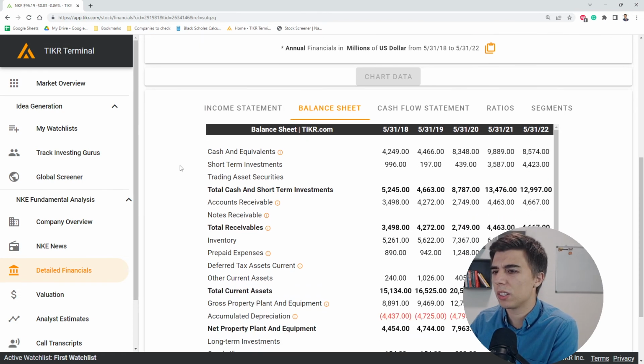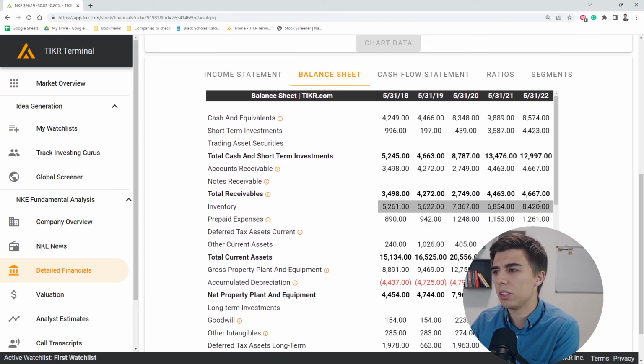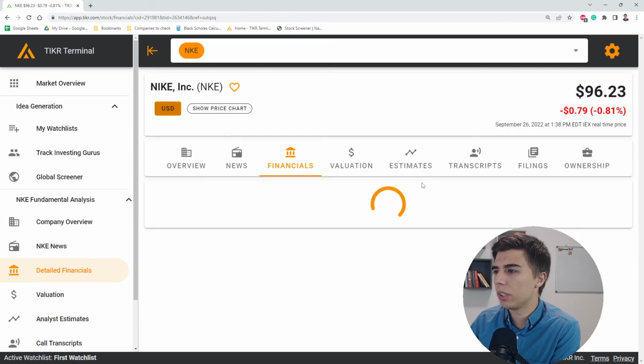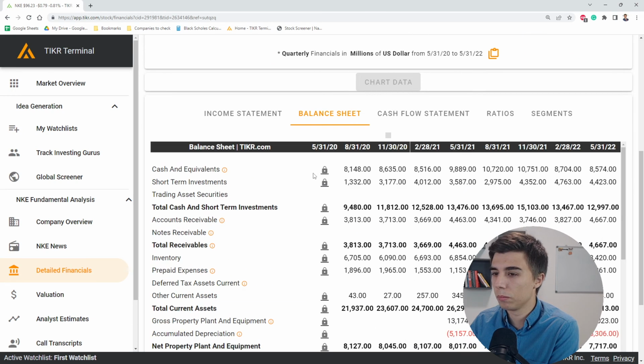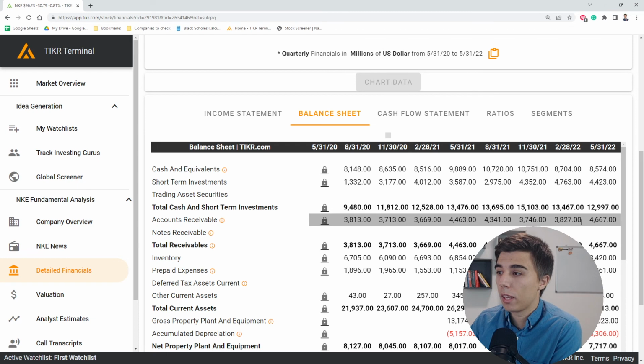Because it's strange, inventory was never this high for Nike. 8.4 billion, it's above the average for the last 5 years. Let's take a look at the quarterly for the last couple of quarters. Maybe we notice that it's actually decreasing now. 6.7. It went up significantly. So I'm not sure. Same goes for the receivable.